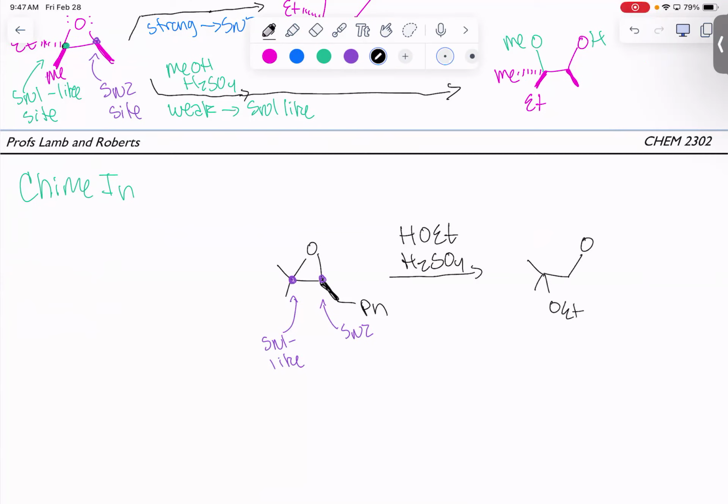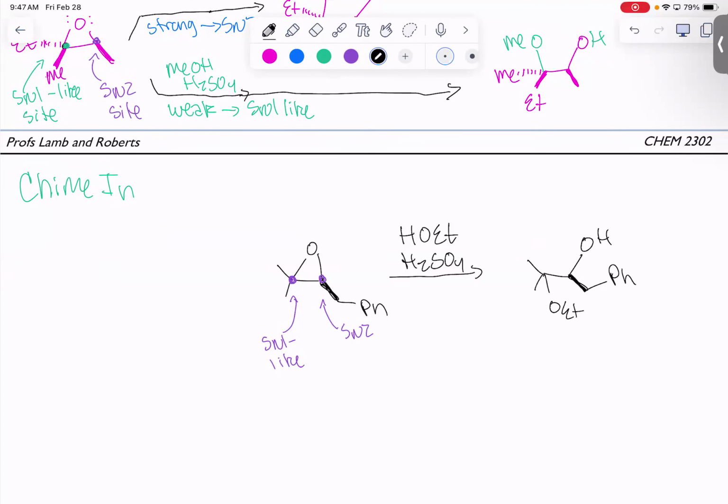And because we're not reacting at the side that has stereochemistry associated with it, we can leave that stereocenter intact, all right? And that's the correct answer.